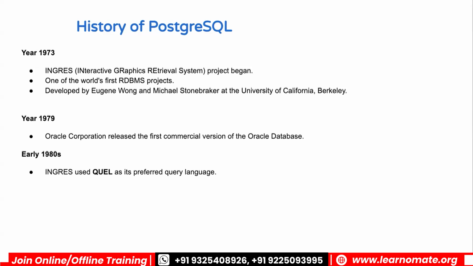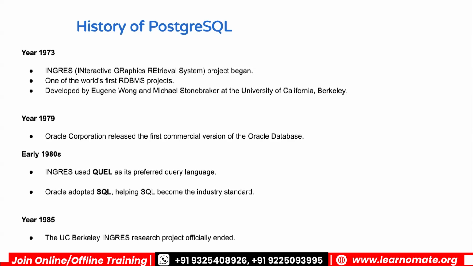There used to be a language QUEL, but it was completely replaced by SQL. Oracle adopted SQL in 1980, helping SQL become the industry standard. Even IBM at that time started using SQL as the preferred language.